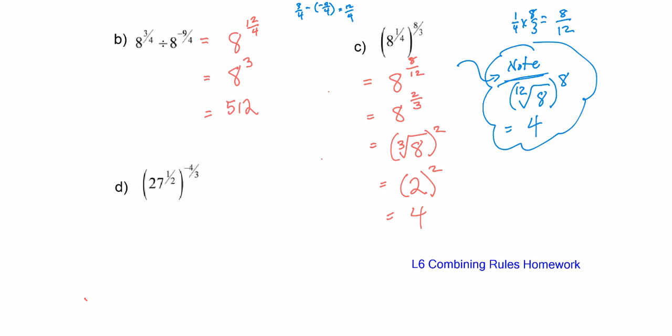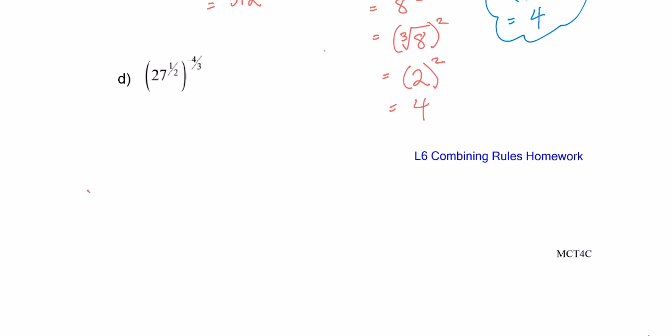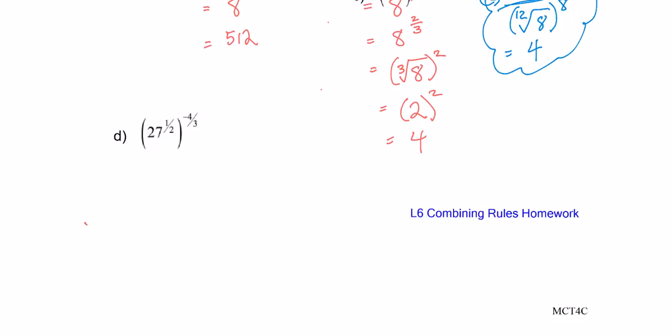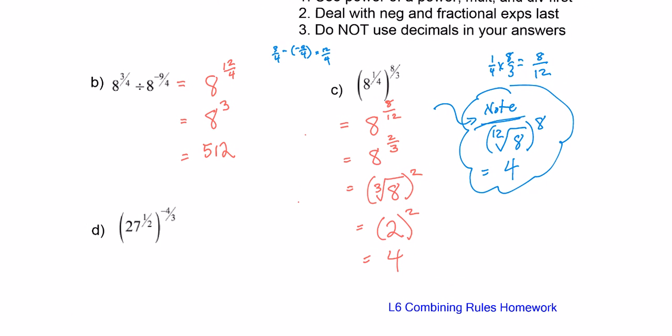The final problem is going to be quite a doozy. That's why I've made some extra space here. This should be a 4-line problem. When we write this problem, we need to be able to multiply using power of a power on these two fractions. Just like we did back here, where we multiplied the exponents and then put our result on as our exponent on our base, we're going to do the same for this one.